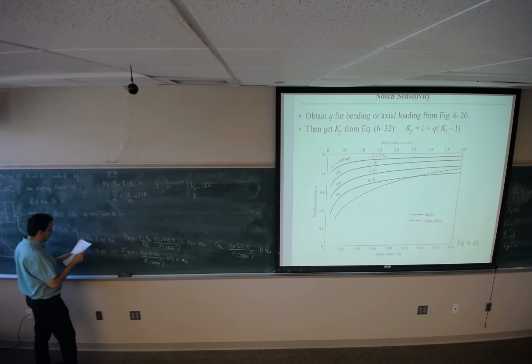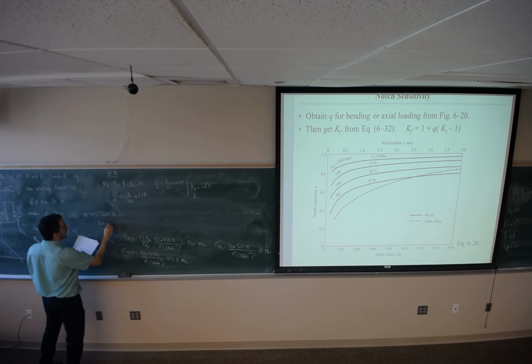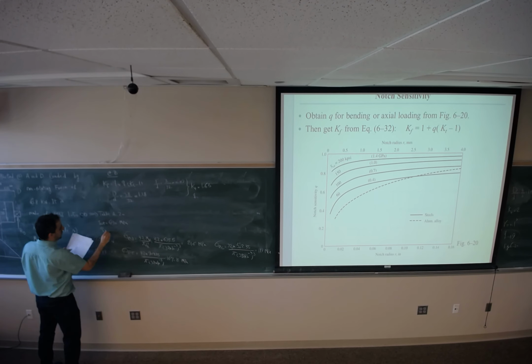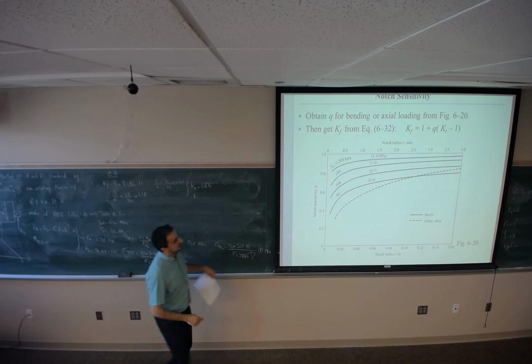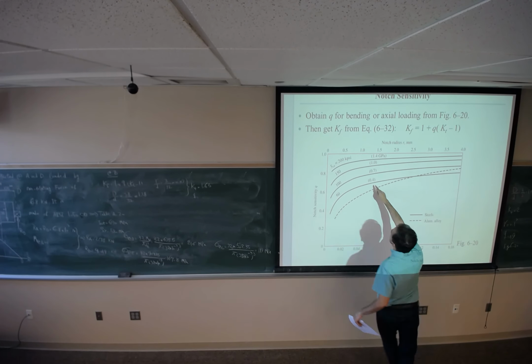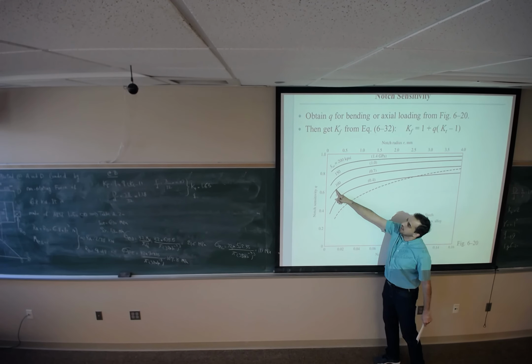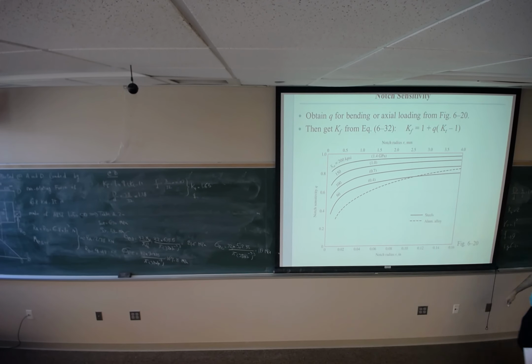For this one, S ultimate is 690 megapascal, and S yield is 580 megapascal. 690 is about 0.7 gigapascal. 100 kpsi is the same as 700 megapascal.